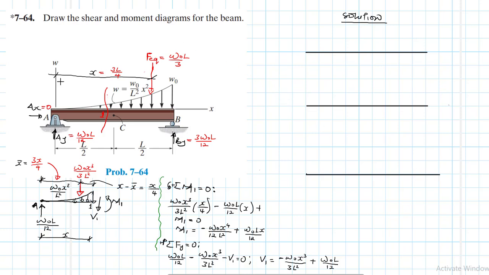Okay, so let me label the loading diagram, A, B, like so, and then we have this loading. Alright, it's loading like this.